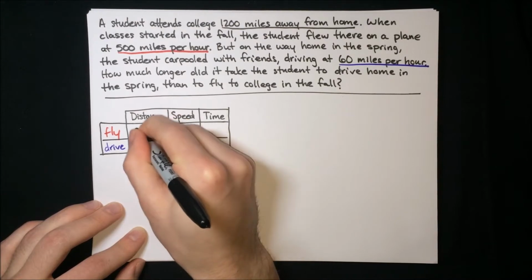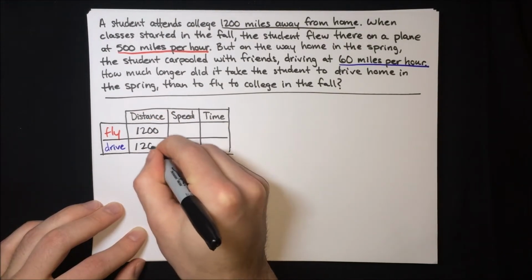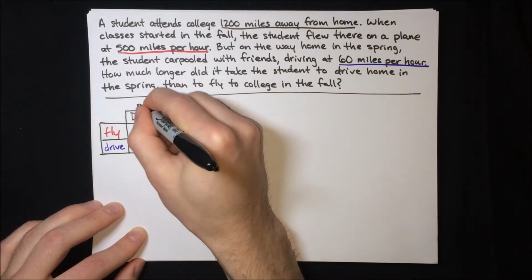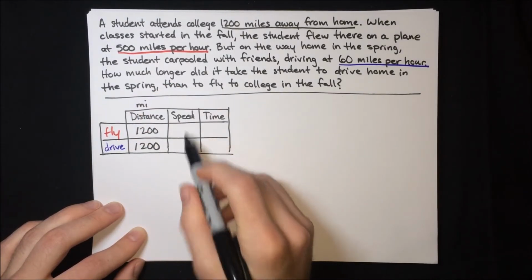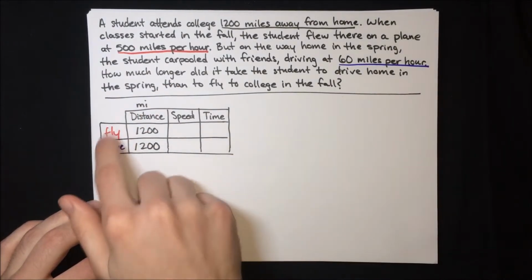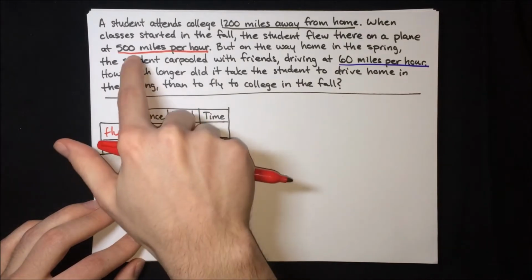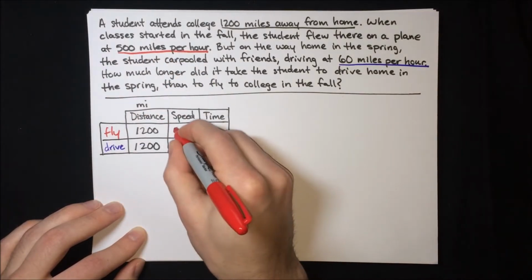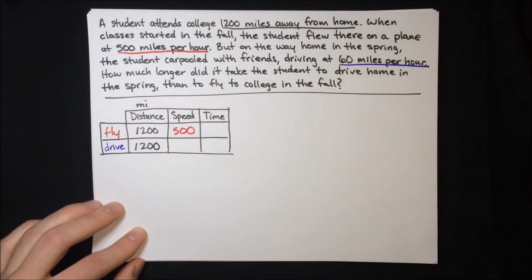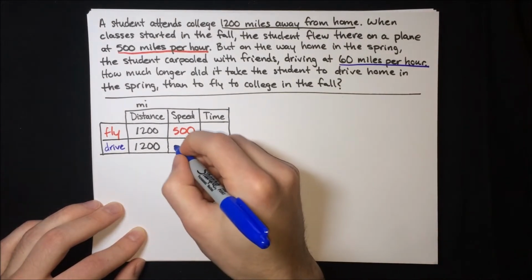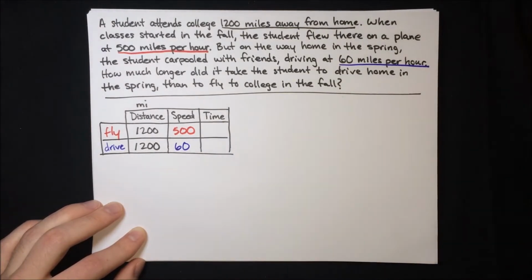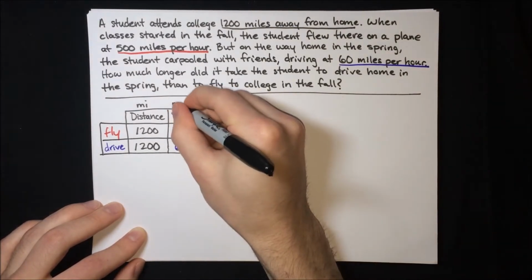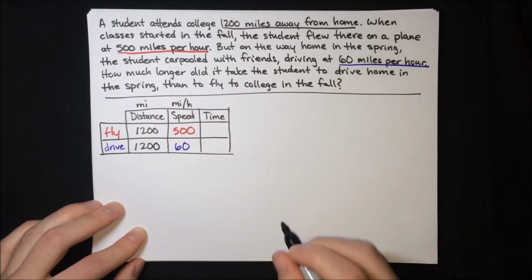So write 1,200 in both boxes, and keep note that's in miles. Our speeds are different for the two modes of transportation. Flying is 500 miles per hour, and driving is 60 miles per hour. Keep note that we're in miles per hour.